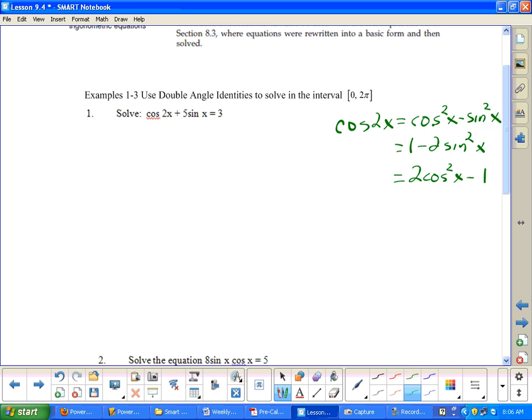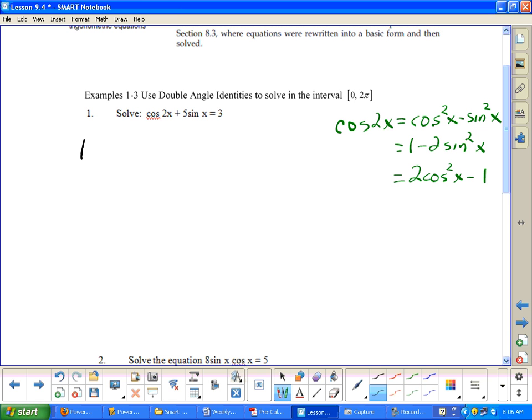We need to get rid of the cosine of 2x, so which identity should I replace it with? One minus 2 sine squared, because I want just sines in my equation so that hopefully I can do some factoring.